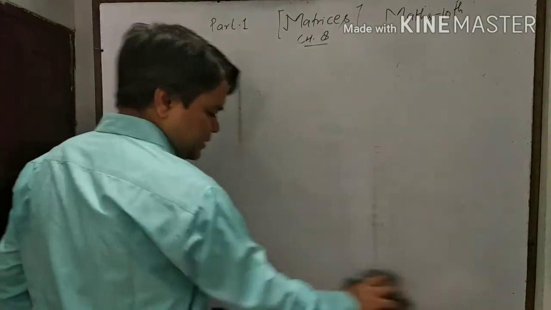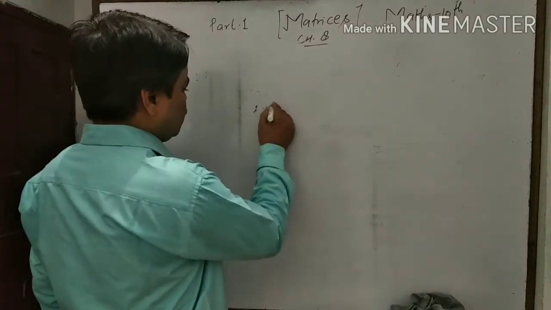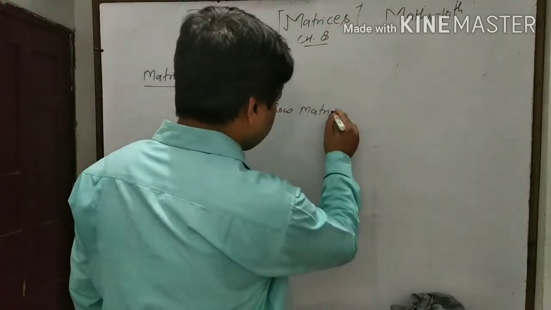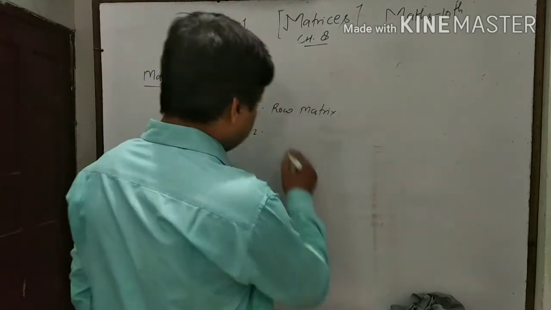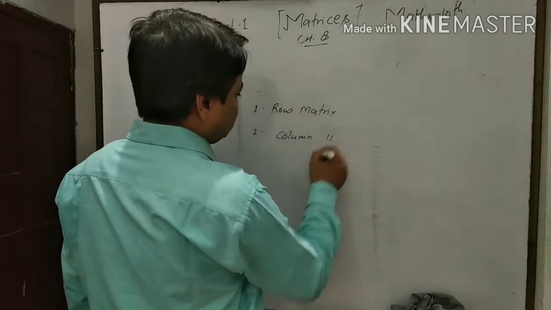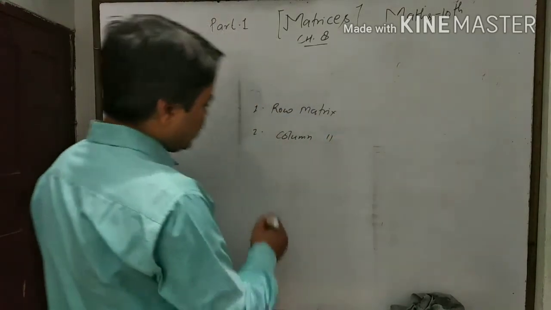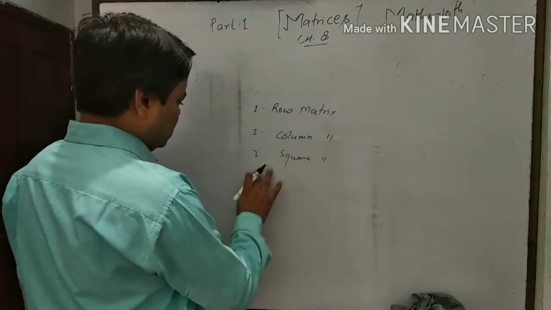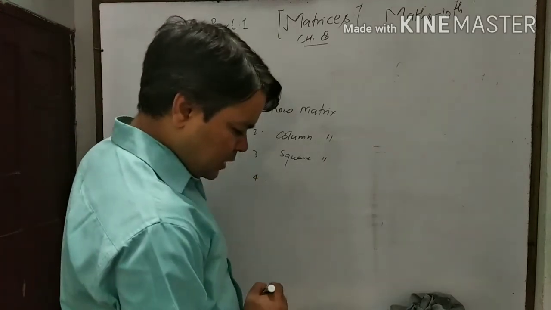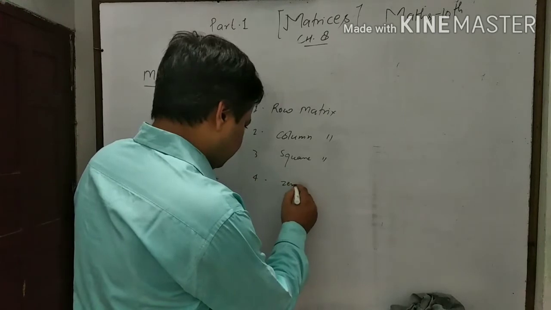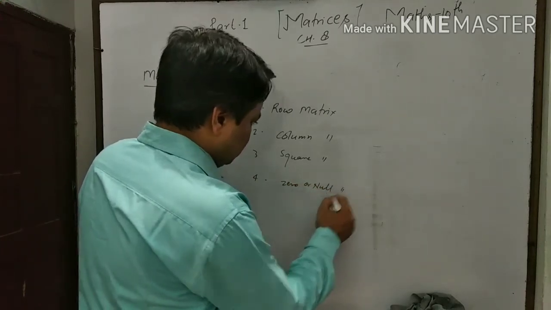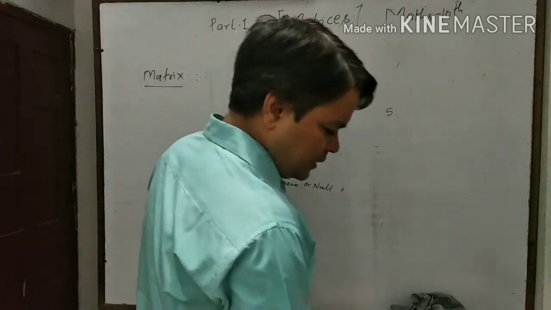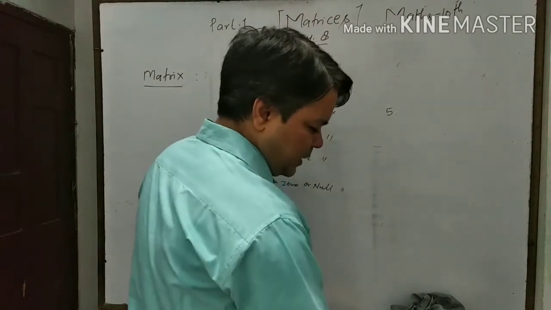In classification of matrices, we will discuss first the row matrix, the second one column matrix, after that square matrix, the fourth one that is zero or null matrix, and after that the fifth, given according to the syllabus, that is identity or unit matrix.